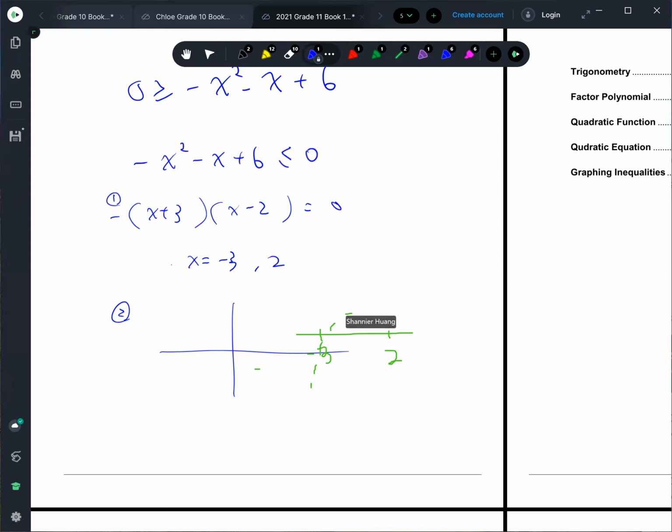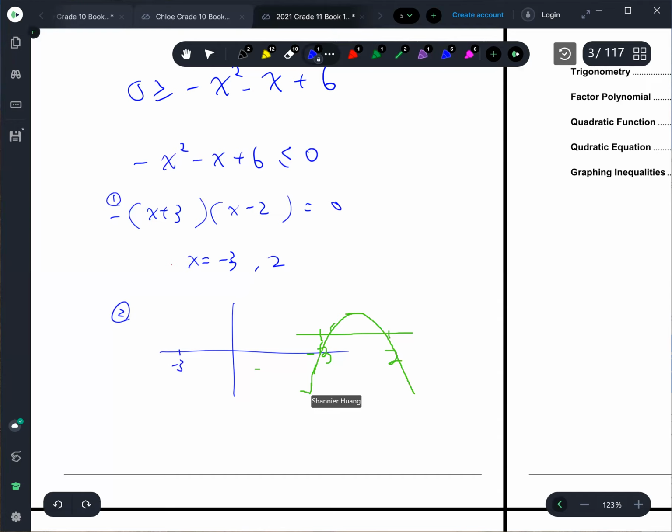Why is it a dashed line? Oh, yeah, okay. So we have negative 3 and 2, and then it opens down. Yeah, now what?